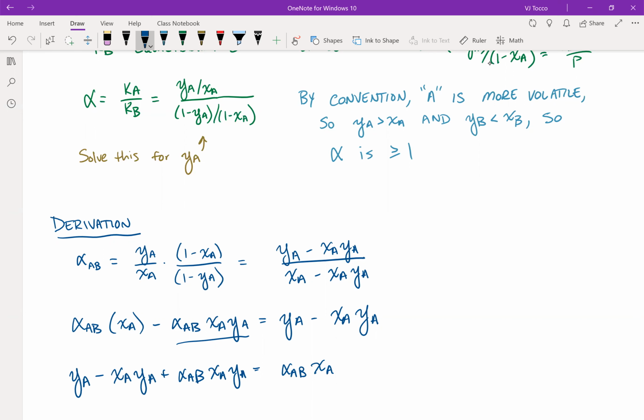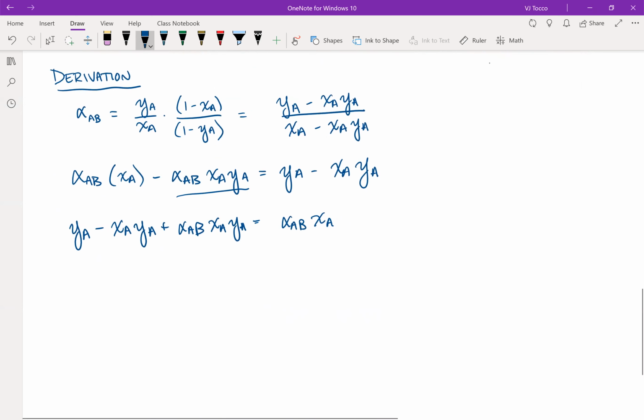And now, because I have a common Ya, I can factor that out of this expression on the left-hand side, and I can also factor out an Xa from the two terms on the right. So I'm going to have Ya, and then in brackets, 1 minus Xa plus alpha AB Xa.